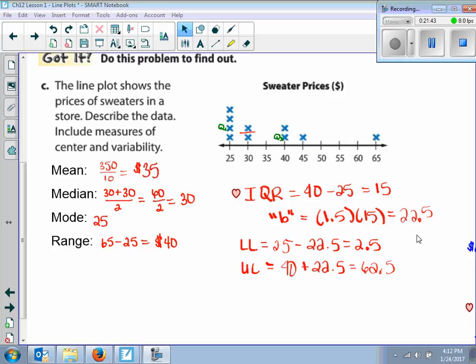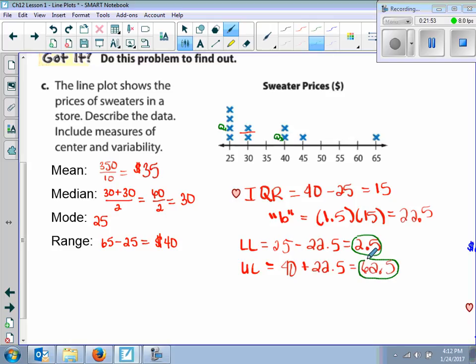We want to see, do we have any values that go beyond the lower limit and the upper limit? When you look at your data, we've got that 65 right there. Because 65 is greater than the upper limit, 62.5, then 65 is an outlier.